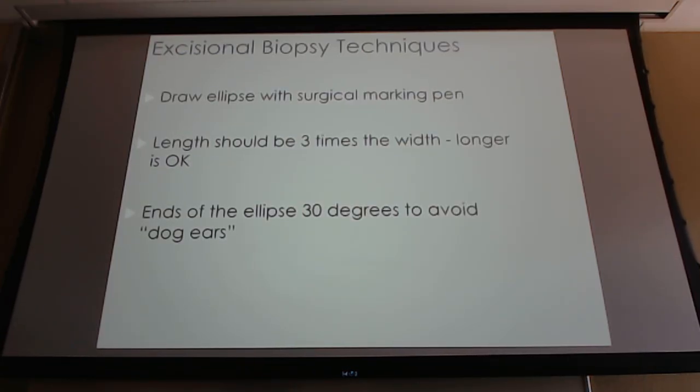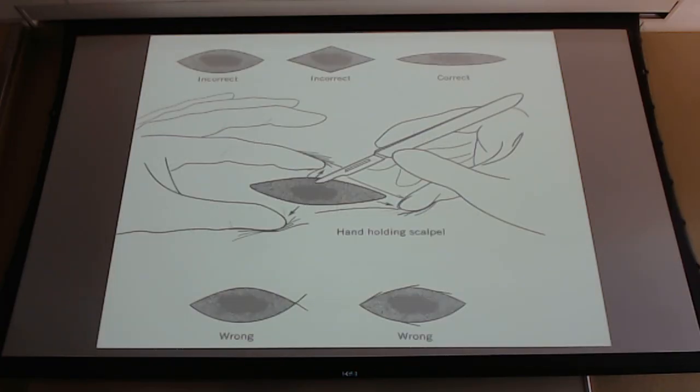Draw an ellipse with a surgical marking pen. Length should be 3 times the width, longer is okay. Make the ends of the ellipse 30 degrees to avoid dog ears, which you'll see in the pictures below. Those are the wrong ones; you've crossed over and made those dog ears.